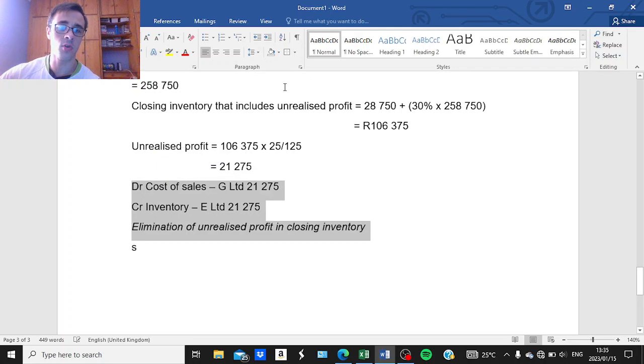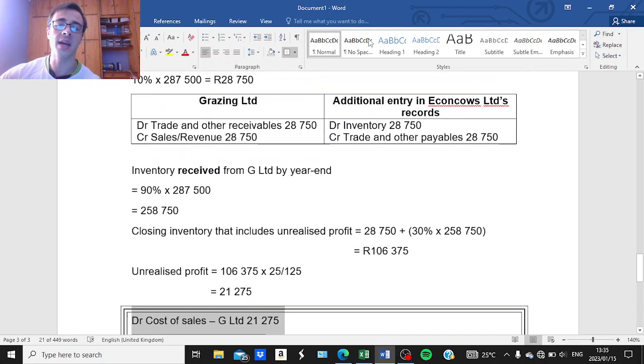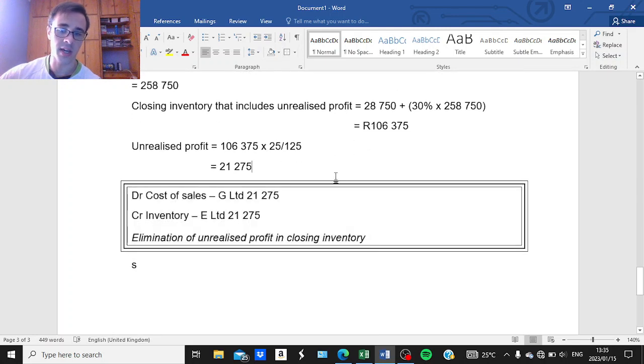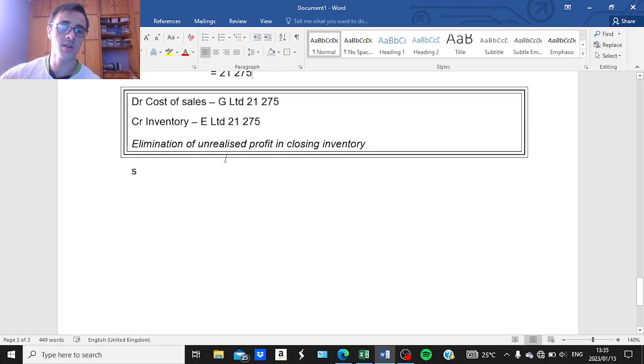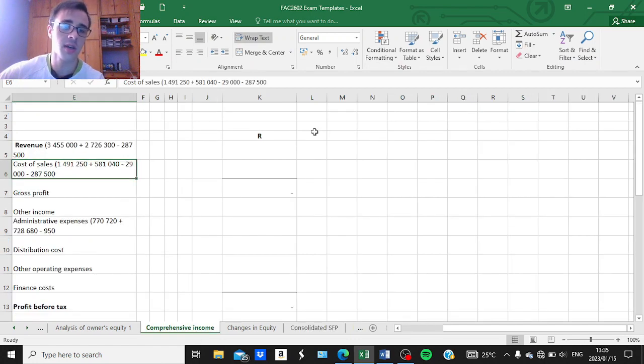So let us account for all the necessary adjustments. We have already accounted for the inventory in transit in Econ Cows Limited's records. So we will debit cost of sales for the parent. Even though this is an unrealized profit, it does not relate to the subsidiary, so no adjustment is shown in the analysis of owner's equity, only in the consolidated statement of profit or loss and other comprehensive income.